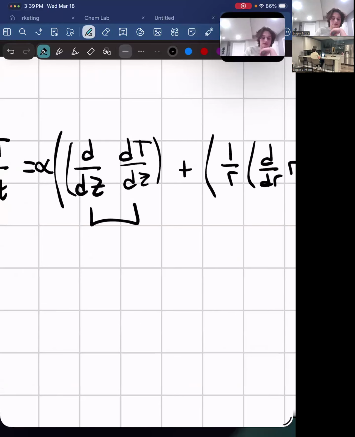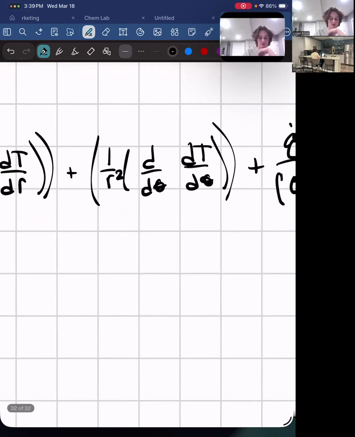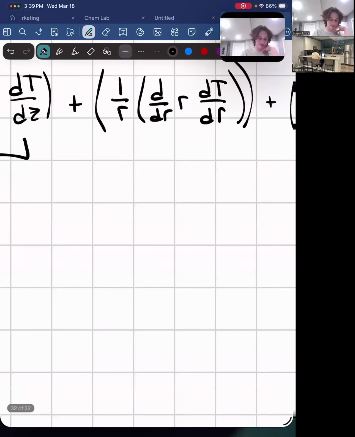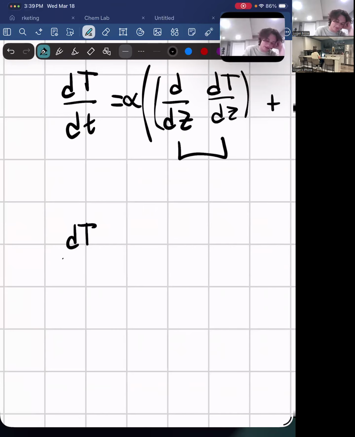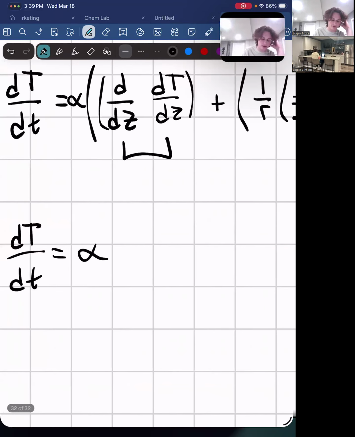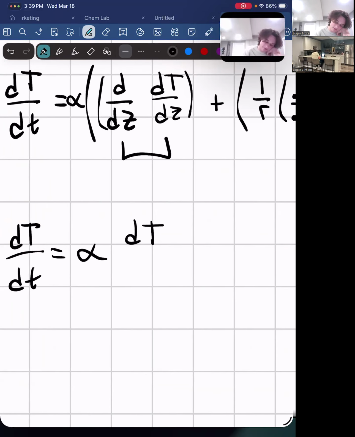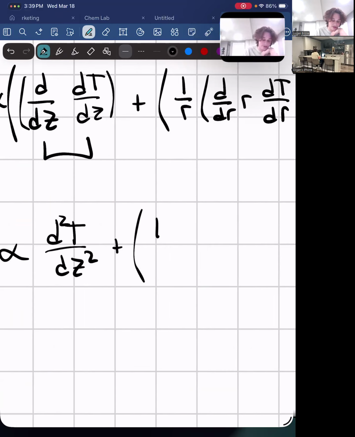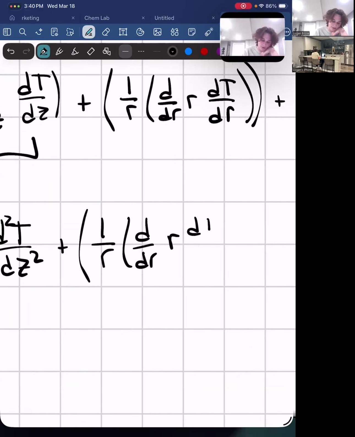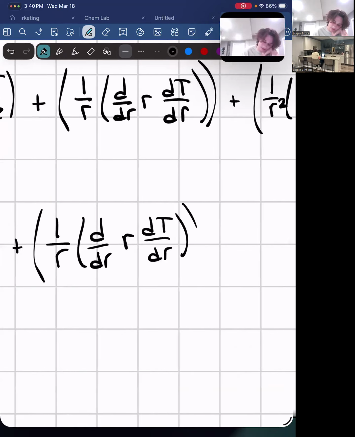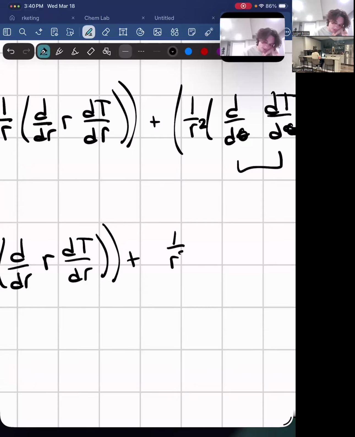So we look at this. This is just a second derivative of each of these terms. To simplify this down a little bit more, our dT dt equals our alpha times the second derivative of temperature in the z direction, plus this term cannot be changed, 1 over r d dr of r dT dr, plus 1 over r squared times the second derivative of our temperature in the theta direction.